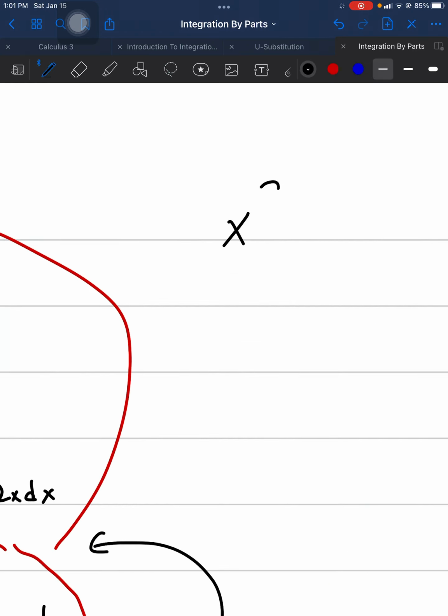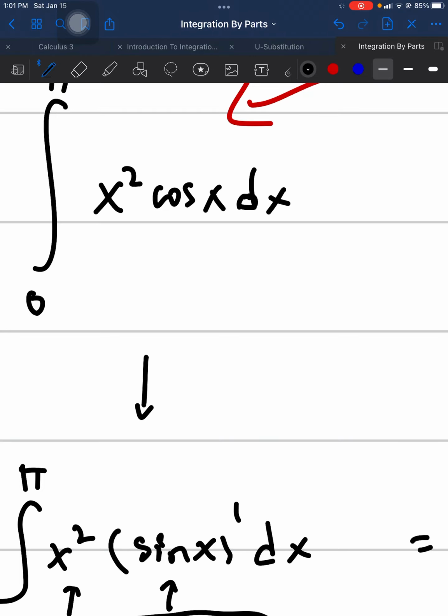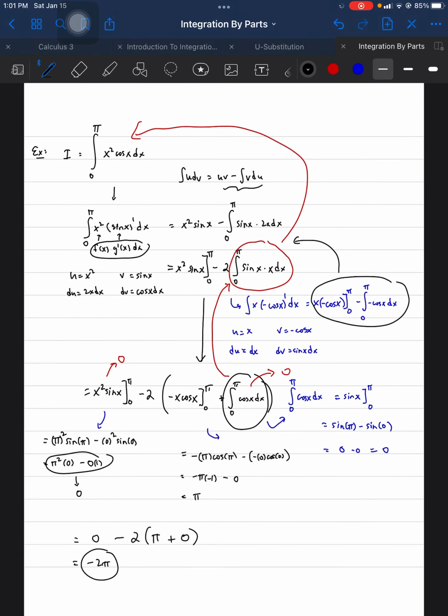But say if the power was like x to the 7th, we would have had to do integration by parts 7 times. But I feel like most professors aren't going to go above x squared or x cubed. That's probably the max, because if you do integration by parts 7 times, it's going to take very long to figure out the problem.